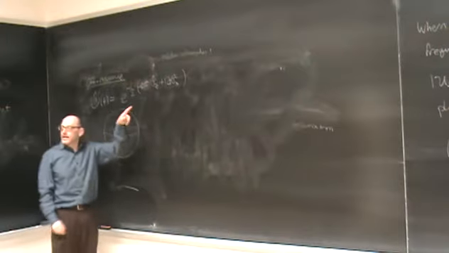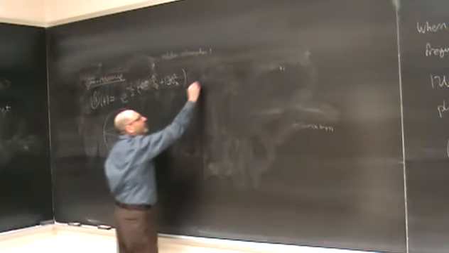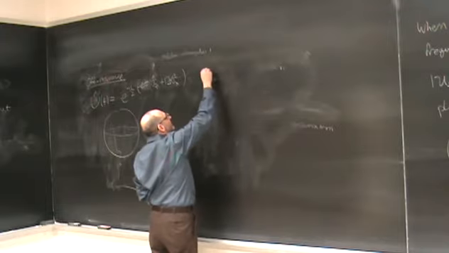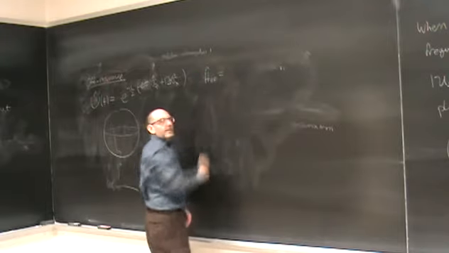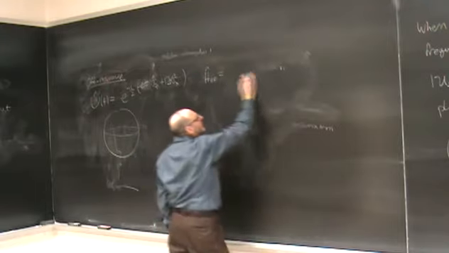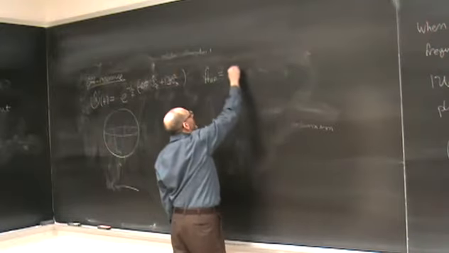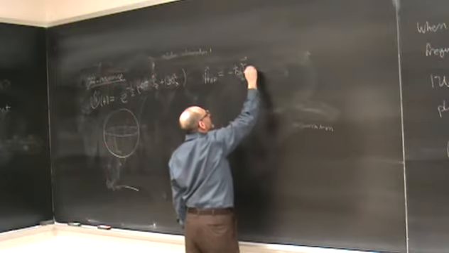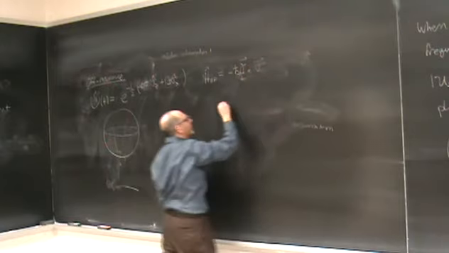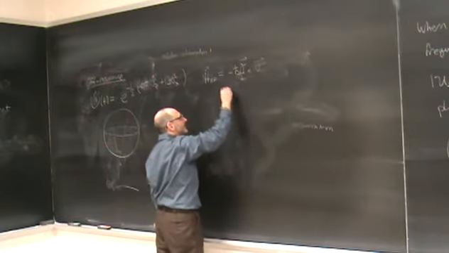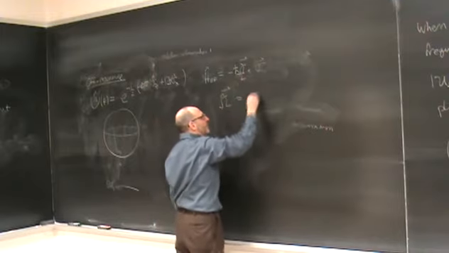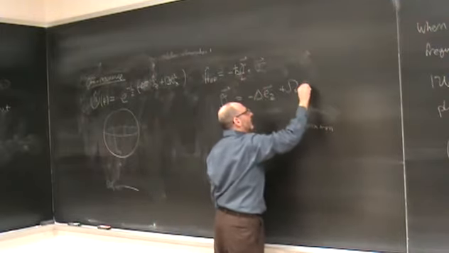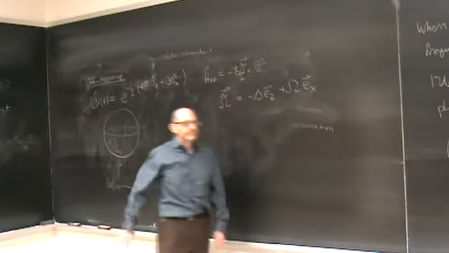This Hamiltonian, my H RF, was related to something I'm going to call omega tilde dot sigma, where omega tilde has a component along the z-axis and a component along the x-axis.